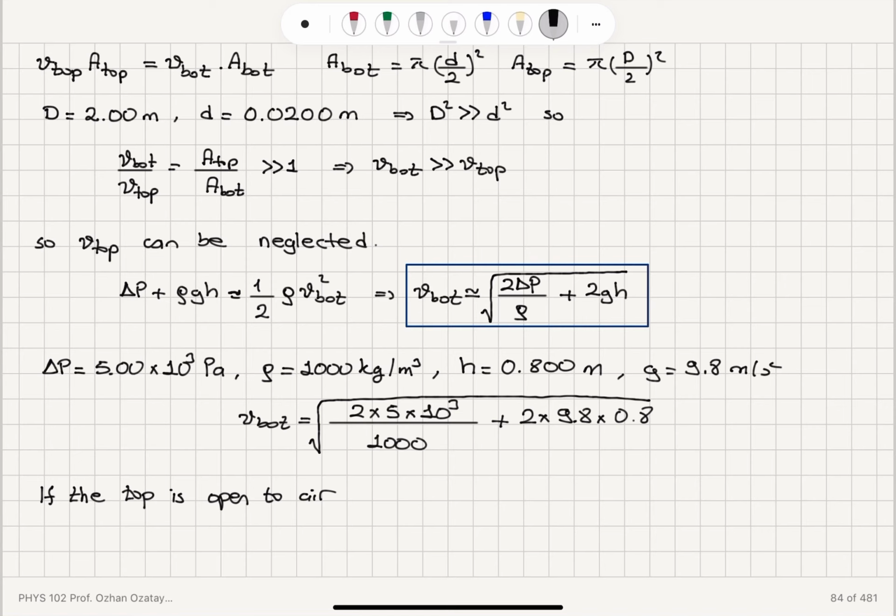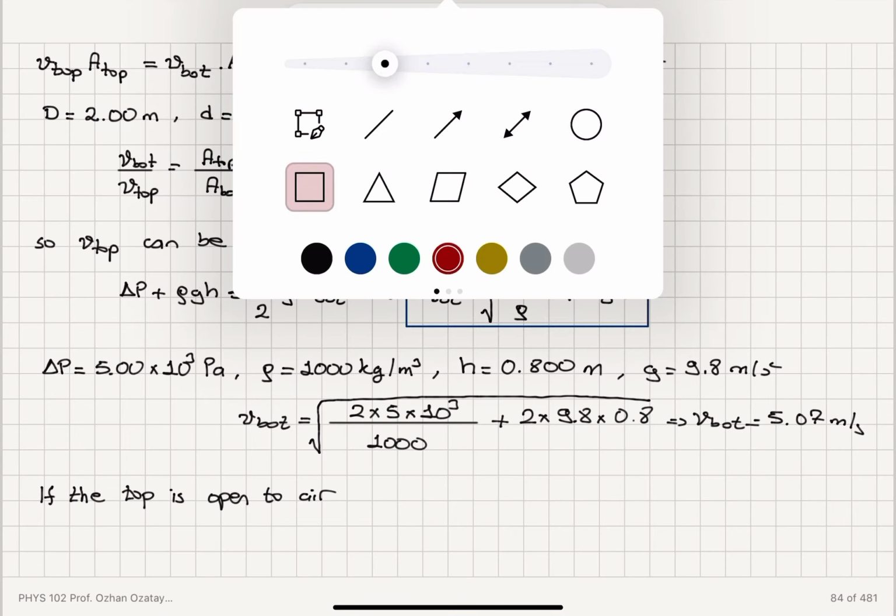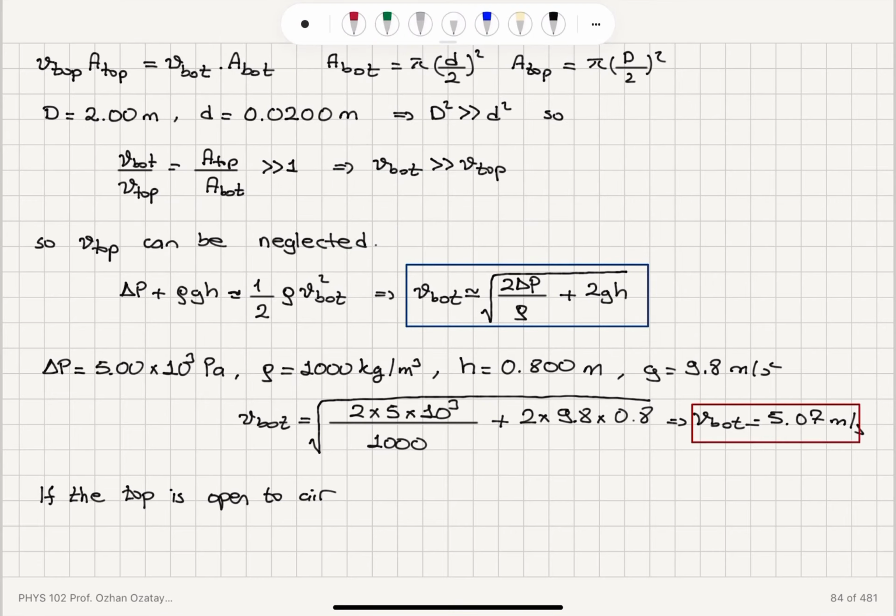This gives V bottom equals 5.07 meters per second.